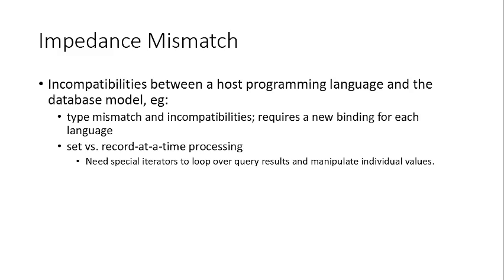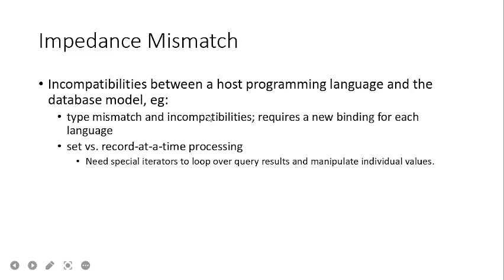The first problem that may occur is that the data types of the programming language differ from the attribute data types available in the data model. So it is necessary to have a binding for each host programming language that specifies for each attribute type the compatible programming language types.